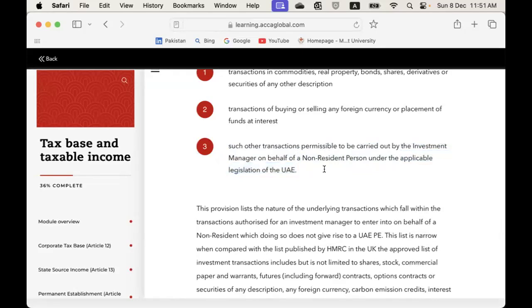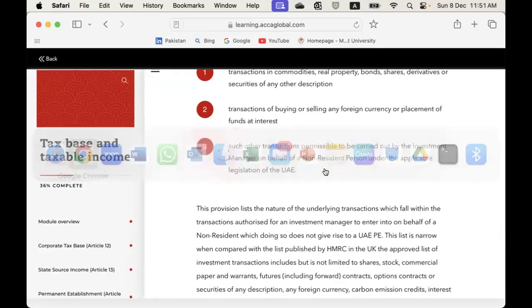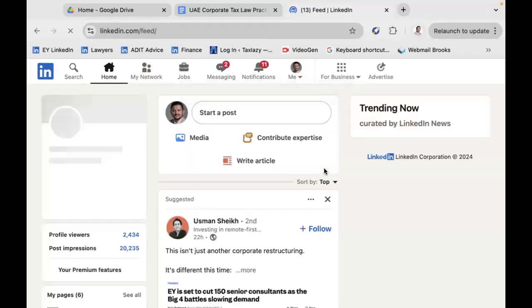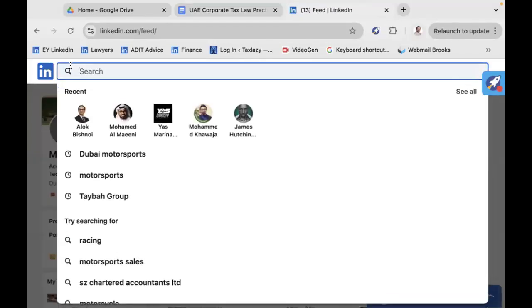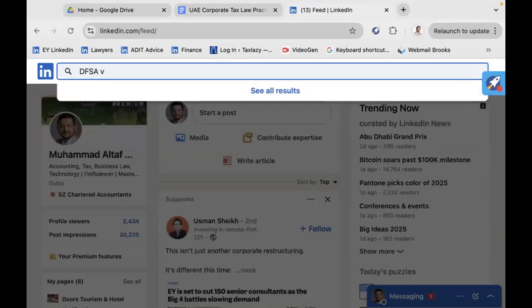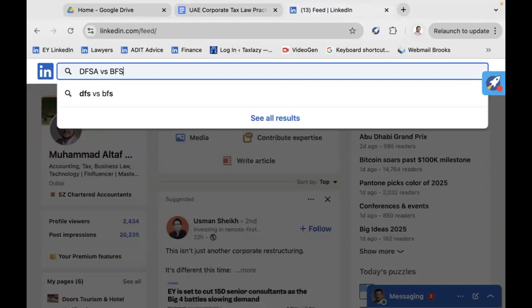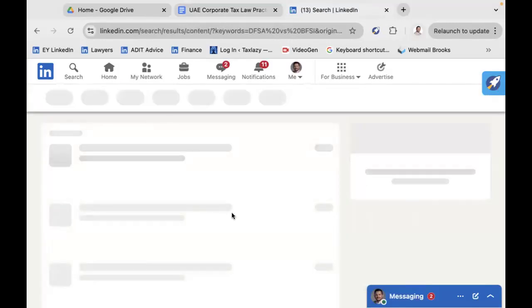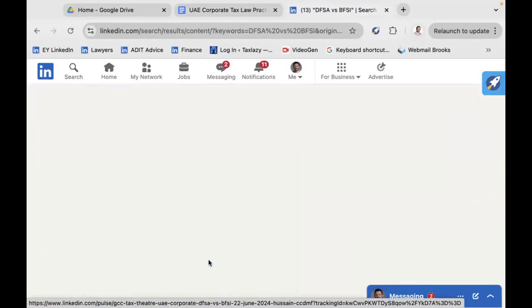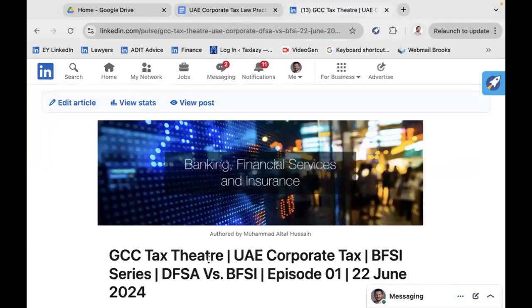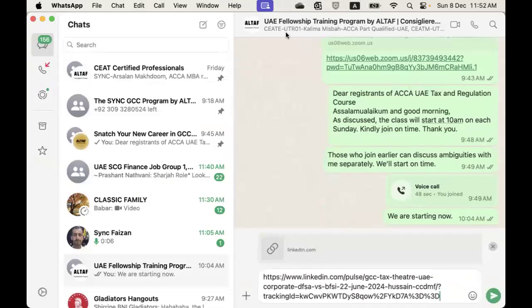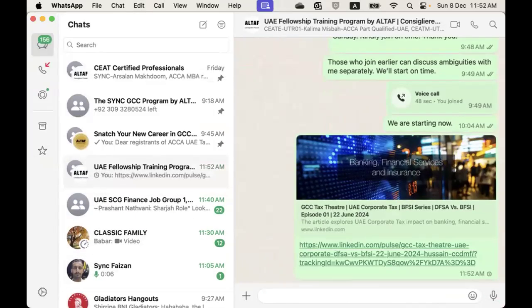So just to let you know, guys, let me see if I can quickly take this out for you. DFSA. There you go. This is an article that I had already written, which has a lot of research involved in it. I'm going to put this on the WhatsApp so that you guys can refer to it later in your own time.